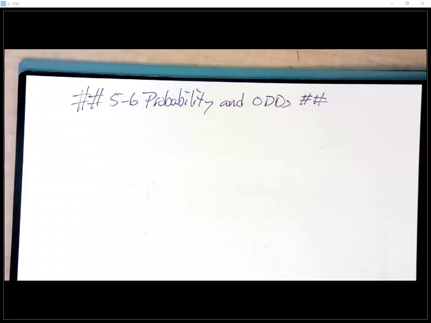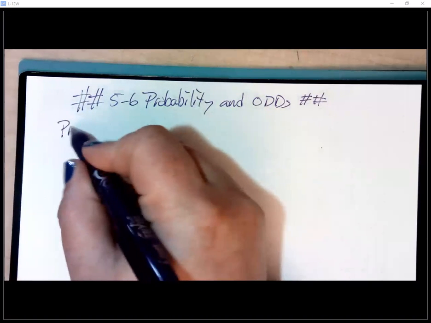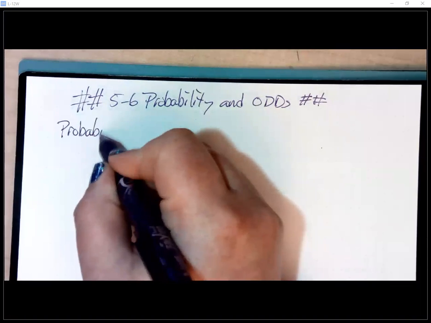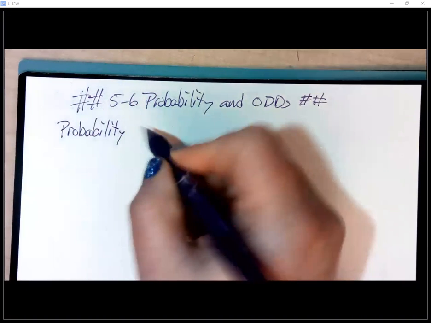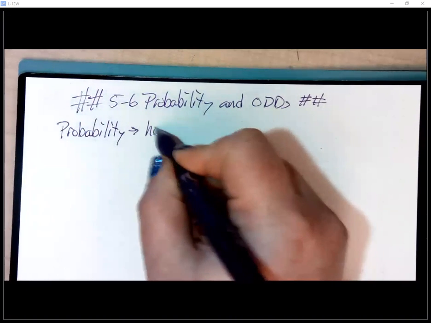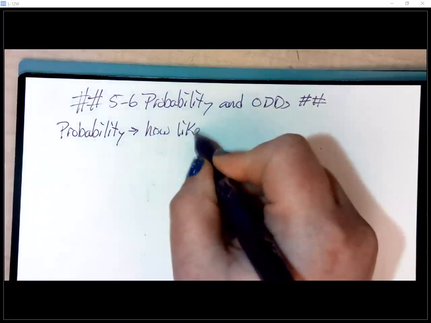Okay, so probability is very easy to define. It's just how likely an event is to happen.